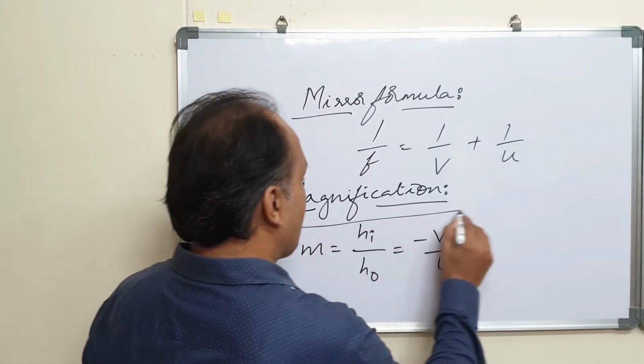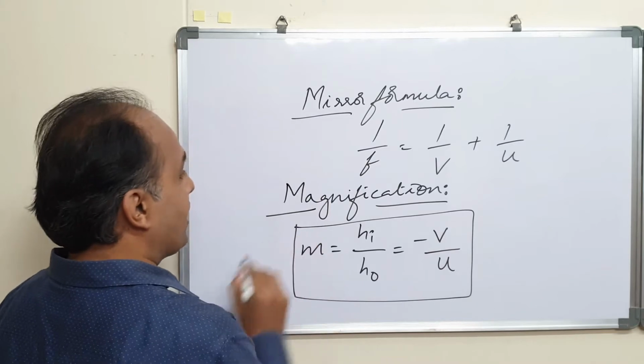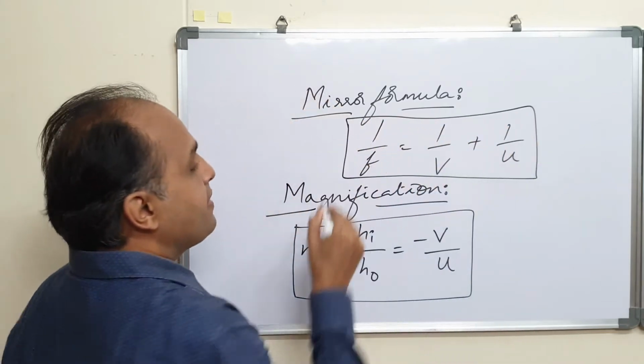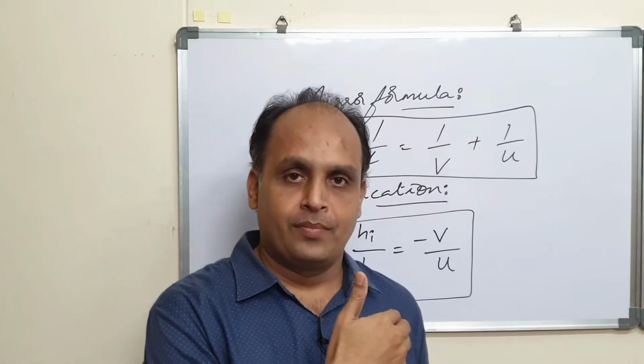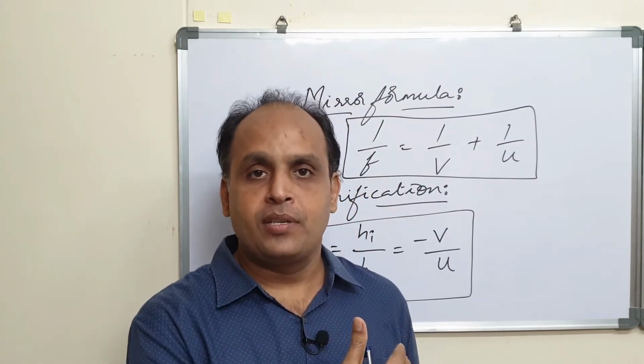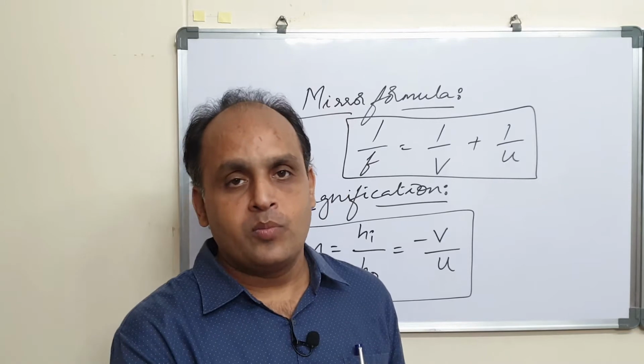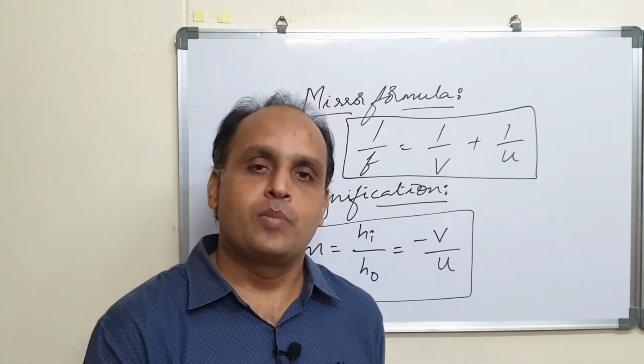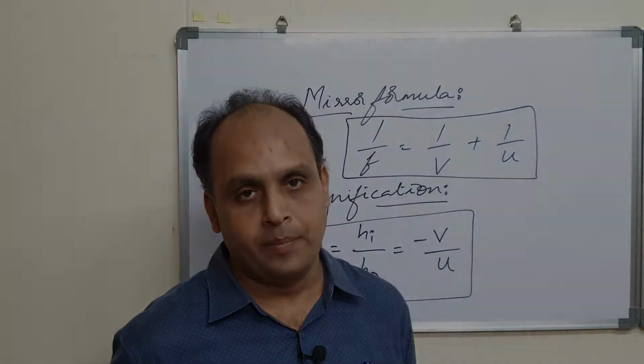So this is the magnification formula, and this is the mirror formula. We will be using these expressions while solving the numerical problems, and we will be discussing a couple of numerical problems related to the mirror formula and the magnification formula.